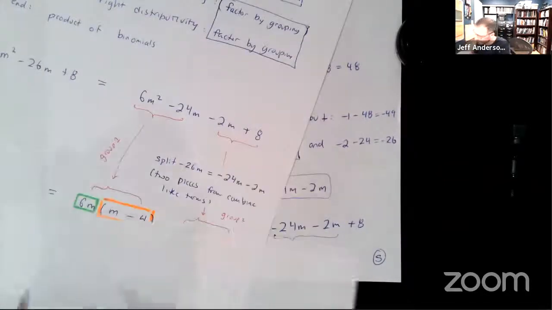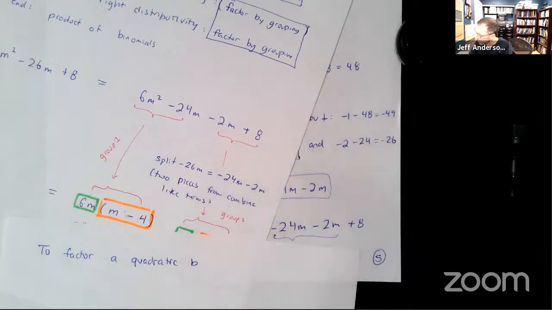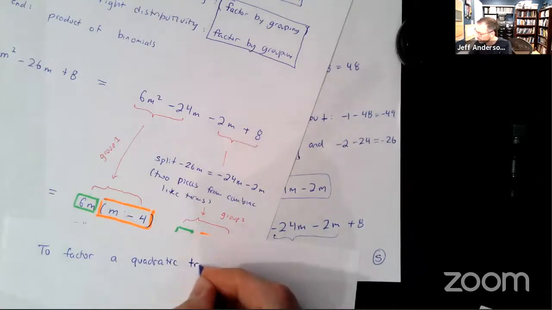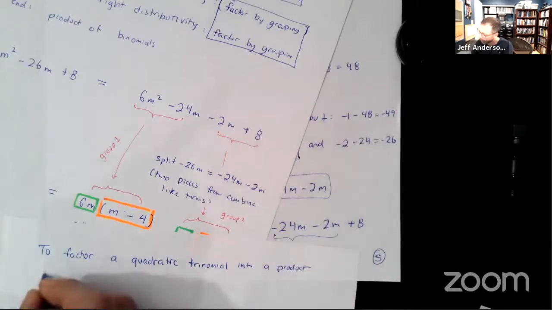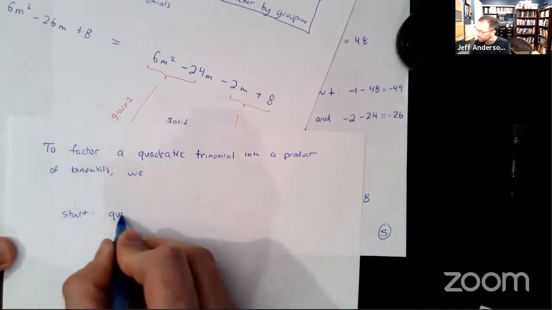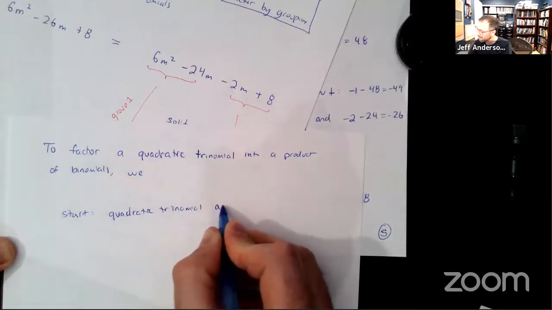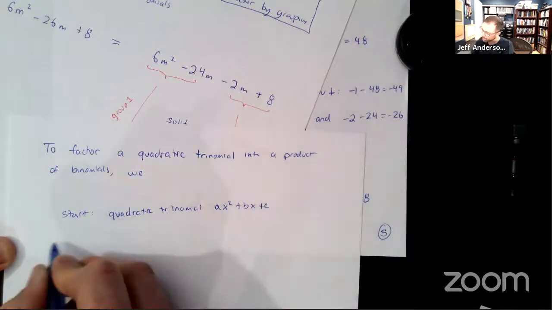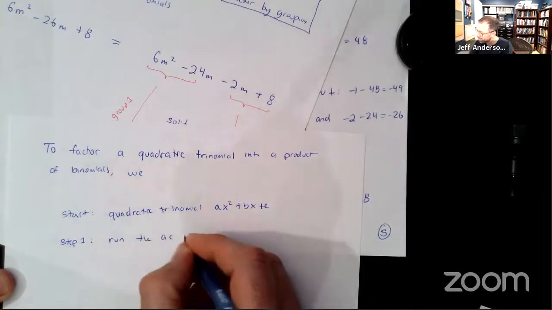This is page 6 already. To factor a quadratic trinomial into a product of binomials, we start with a quadratic trinomial, ax squared plus bx plus c. Step 1, we're going to call run the AC method.